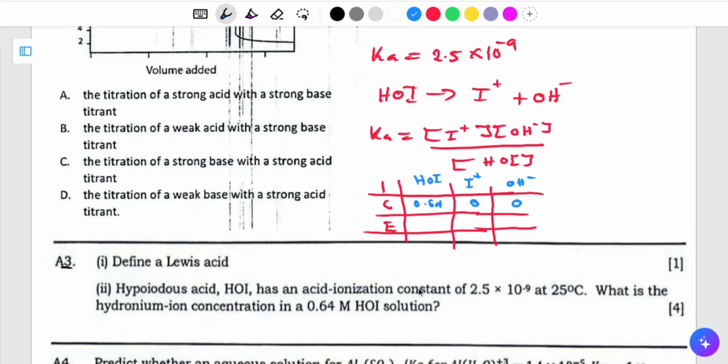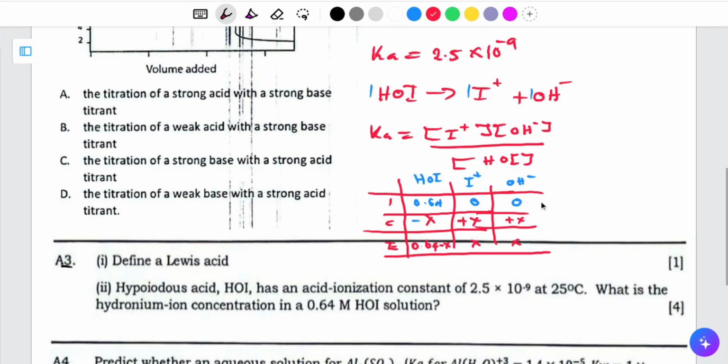According to the equation, the coefficients are 1, 1, 1. So this row is initial, this one is change, and this is the equilibrium. We have minus x, then plus x, plus x. Then at equilibrium we have 0.64 minus x, then x and then x.